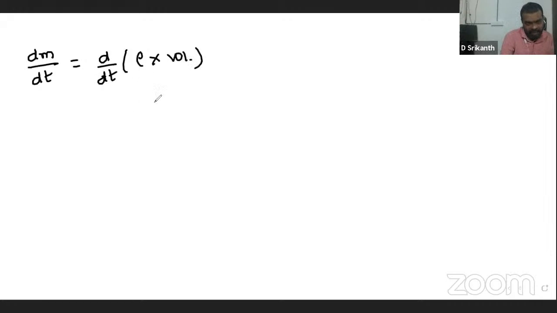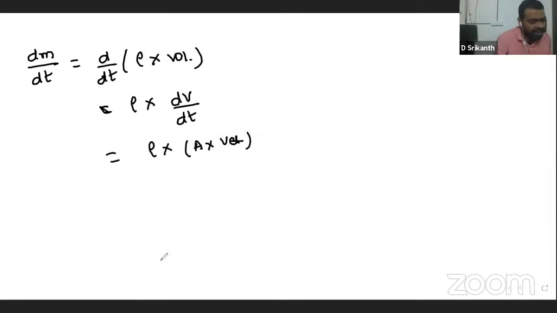Density of a substance always remains constant, so dv by dt, rate of change of volume, from the mechanical properties of fluids, rate of change of volume is area into velocity. We discussed the equation of continuity this morning. Now the velocity of the liquid is increased, v dash, for n times, v1 is equal to v and v2 is equal to nv.